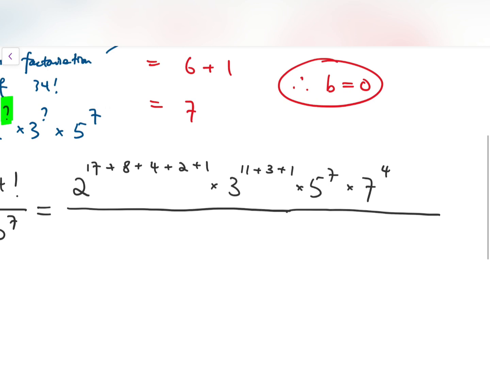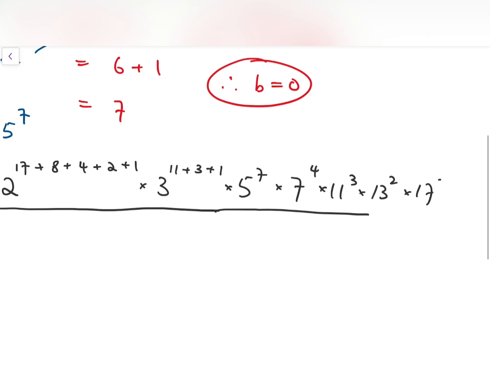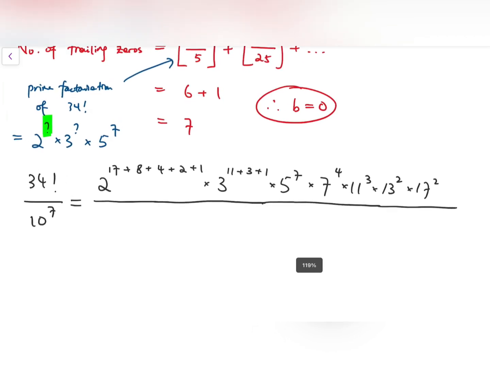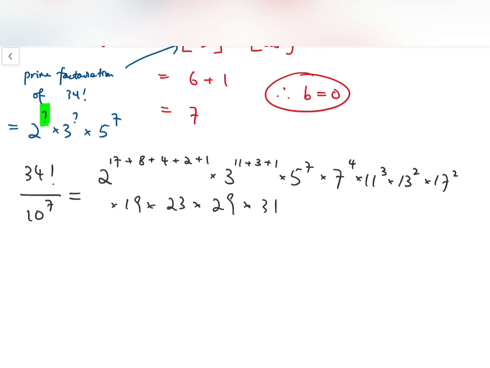So 7 to the power 4, 11 to the power of 3, 13 to the power of 2, 17 squared, and then the other primes would be not even squared, just single primes. So 19, 23, 29, and 31. All of these primes multiplied together, divided by 10 to the power 7.